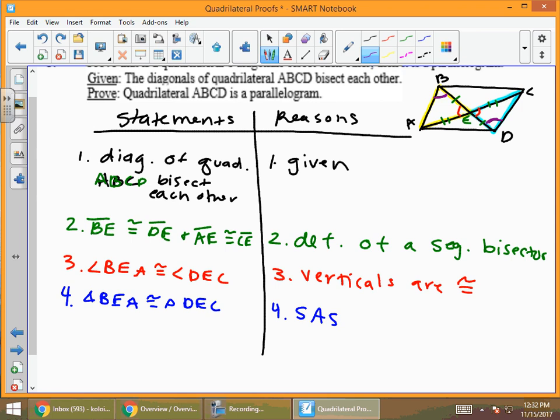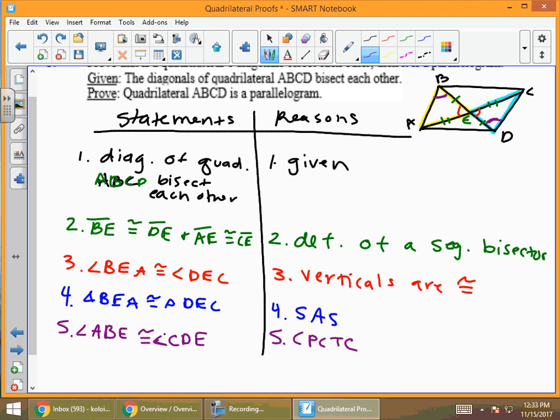By what? If we show the triangles are congruent, what's our reason behind it? CPCTC, their parts are congruent. So we're going to state that angle ABE, because again it has to be inside that triangle, is congruent to angle CDE by CPCTC.